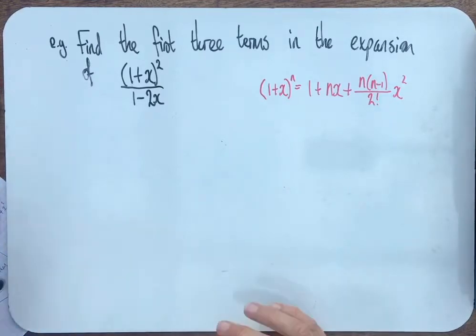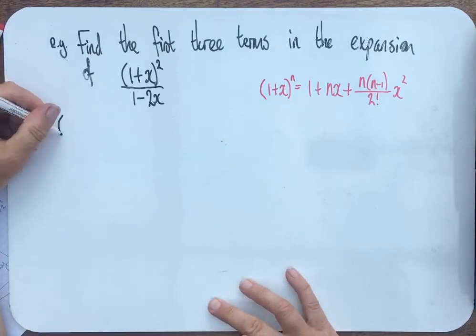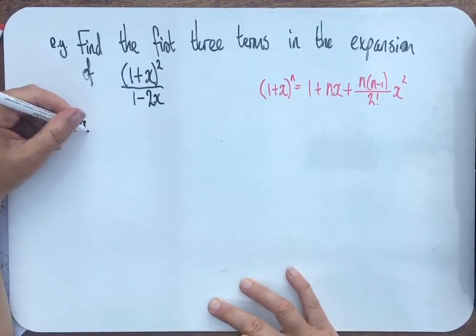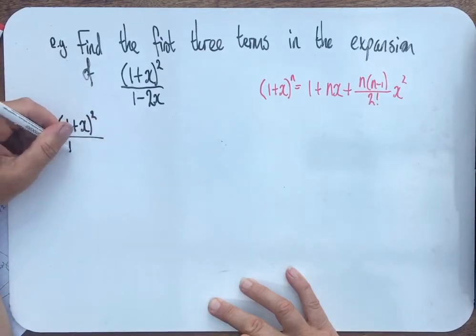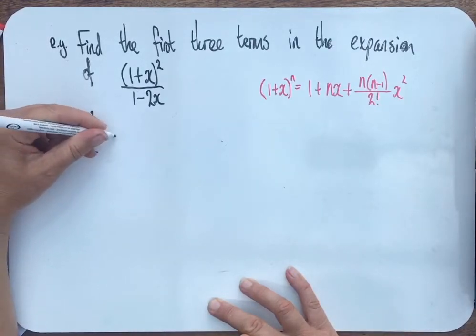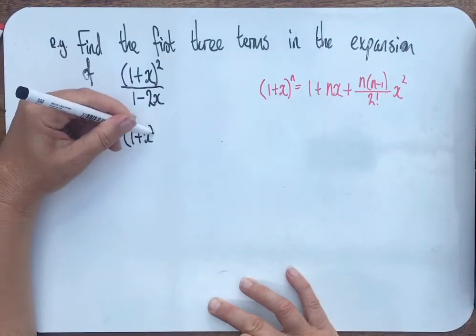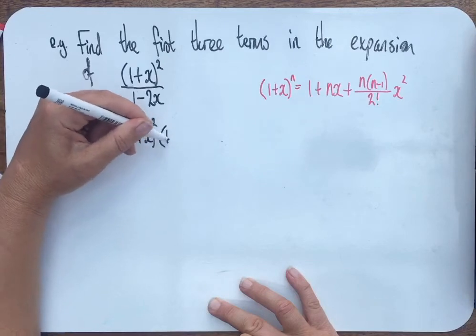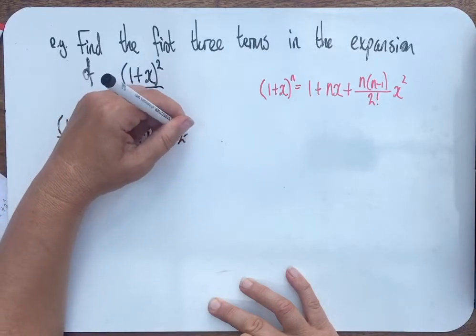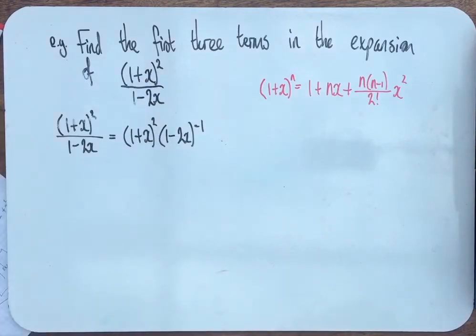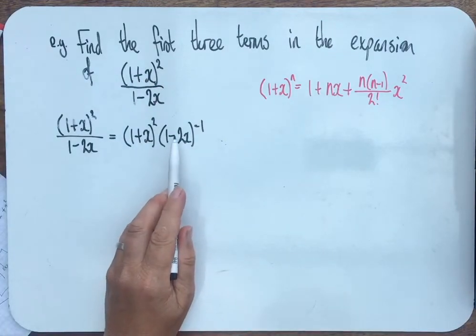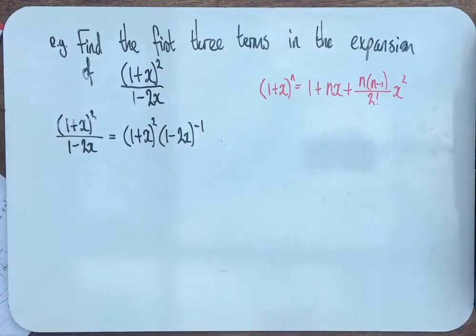So the first thing to do is think about rewriting this. (1 + x)^2 over (1 - 2x) is the same thing as having (1 + x)^2 times (1 - 2x) to the power of minus 1, because that gives you 1 over 1 - 2x. That should be relatively obvious. And then you can expand both of these separately.